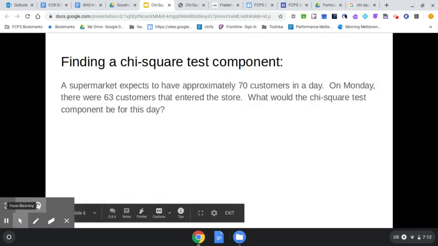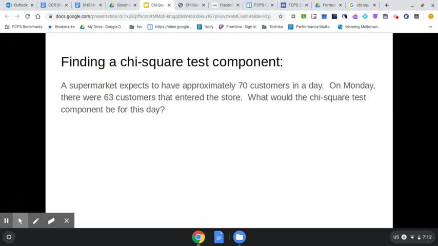Okay, we're going to practice finding just one chi-squared test component with this example. It says, a supermarket expects to have approximately 70 customers in a day. On Monday, there were 63 customers that entered the store. What would the chi-squared test component be for this day?